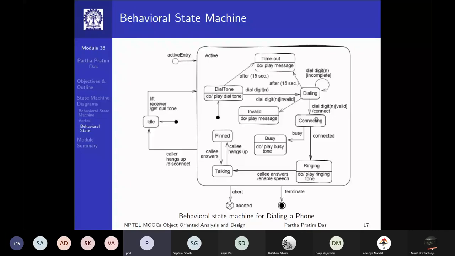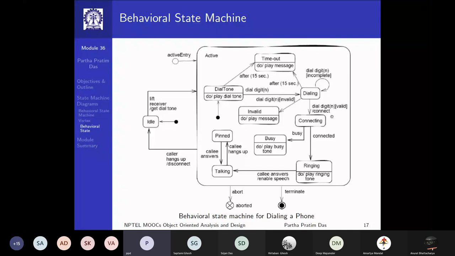If you have completed the dialing, then you can see a more detailed description of a trigger where the action on this transition is dialing digit N, which is the last digit. The guard condition is that it has to be valid.